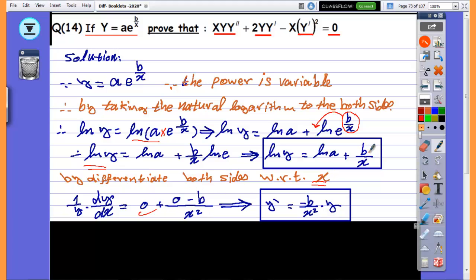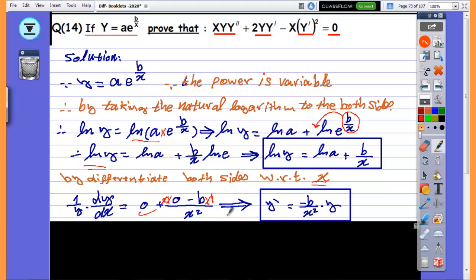Now we have a fractional function, b over x. Its derivative equals the denominator, which is x, multiplied by the derivative of the numerator, the derivative of b equals 0, minus the numerator multiplied by the derivative of the denominator, multiplied by 1 over the denominator squared, which is x square.